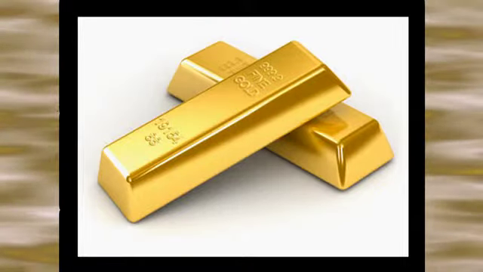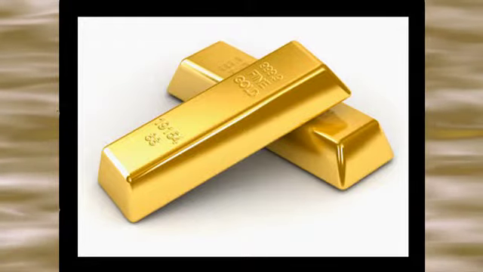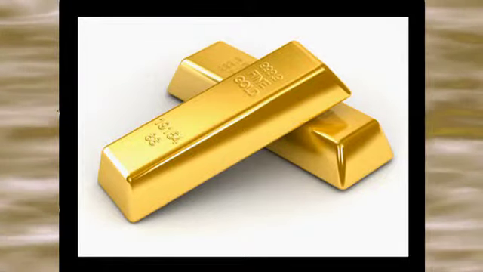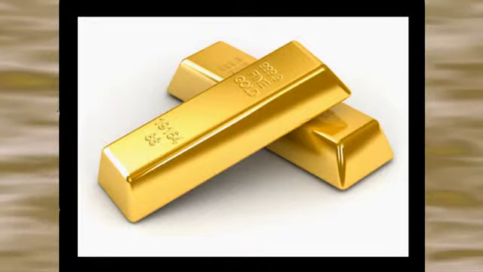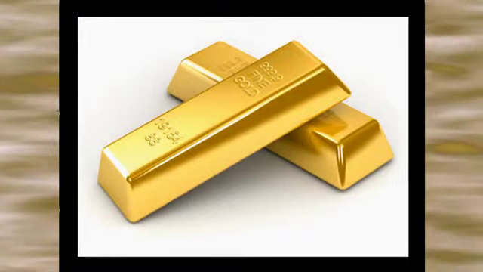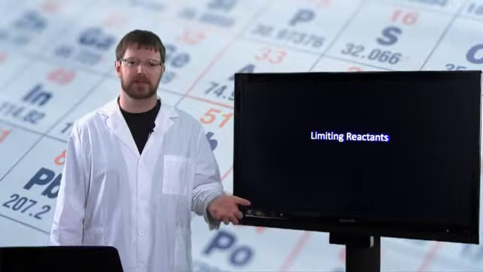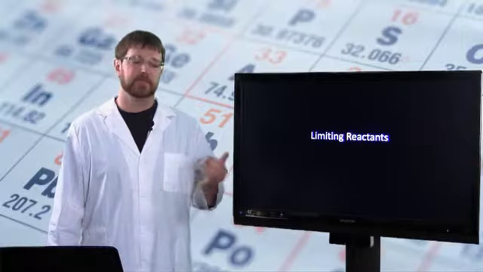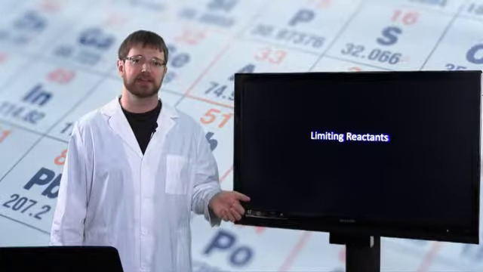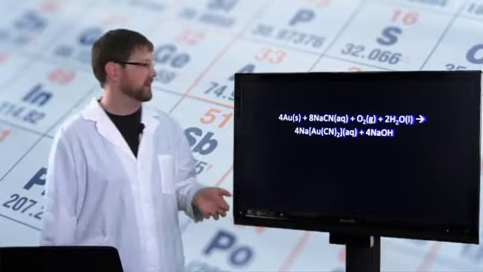These gold bars each weigh about 70 pounds and are worth $1.5 million each. But gold doesn't come out of the ground in gold bars. It actually comes in a lot of rock. In order to get the gold out, the rock is pulverized and put in a solution of sodium cyanide.